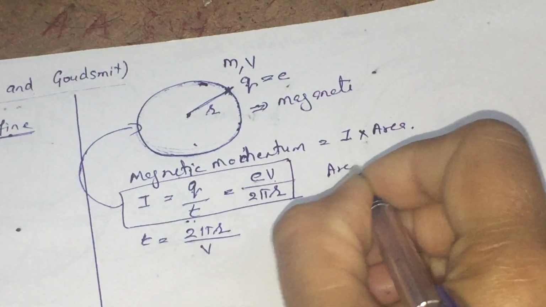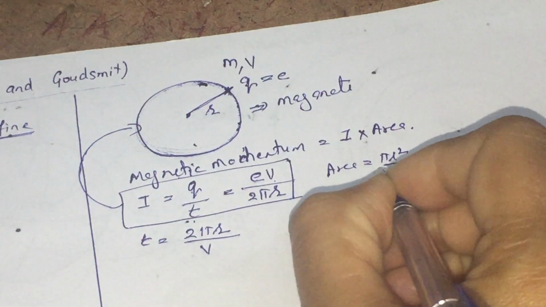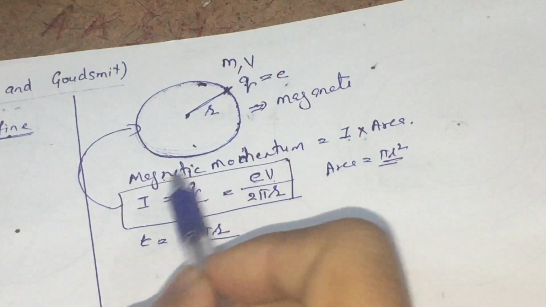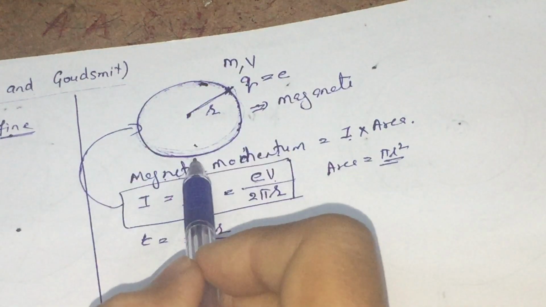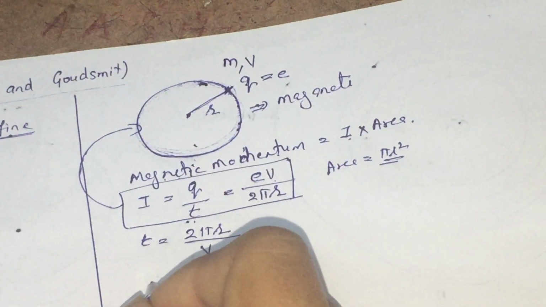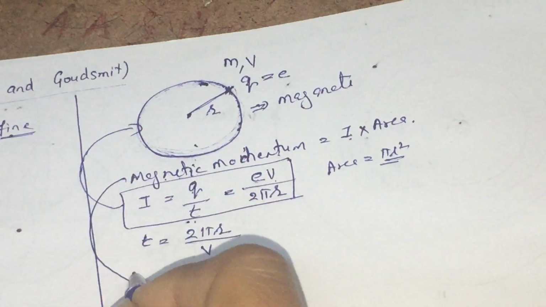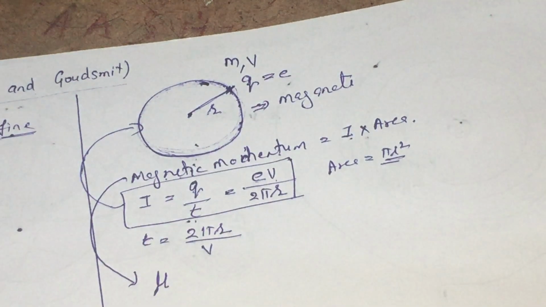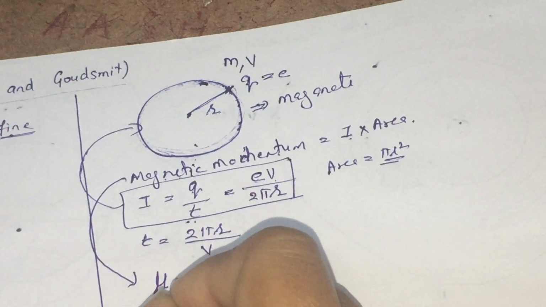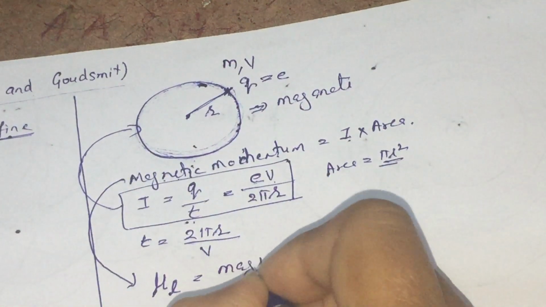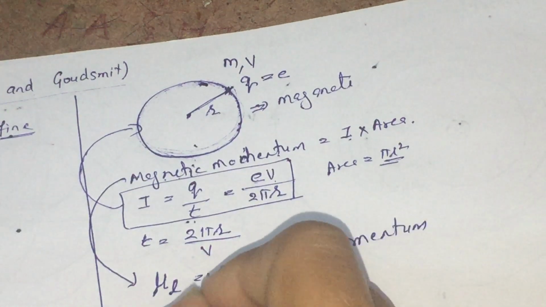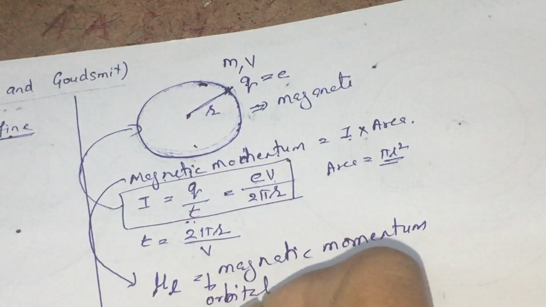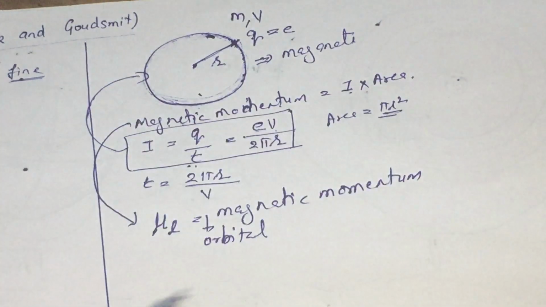If the area of this loop is pi r squared, then we will have the magnetic momentum of the loop in which the charge is moving, and we are representing this magnetic momentum as mu. We will call it the orbital magnetic momentum if we are considering the orbital motion of the electron.